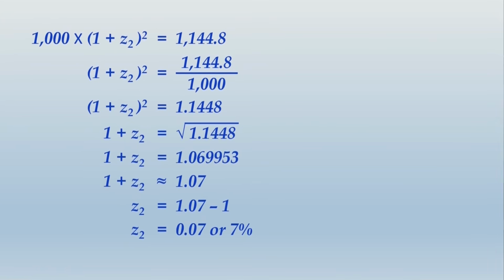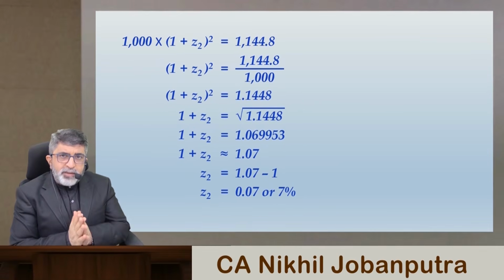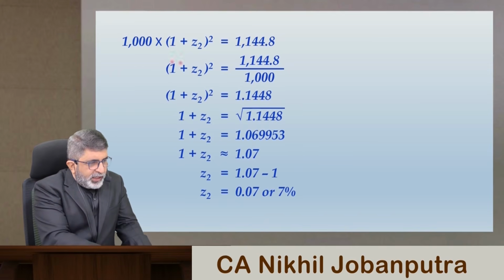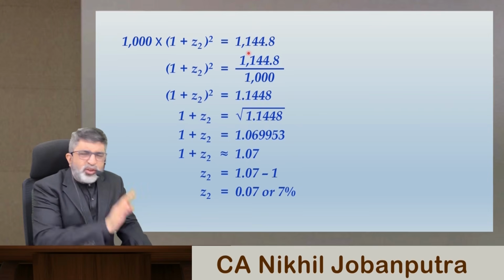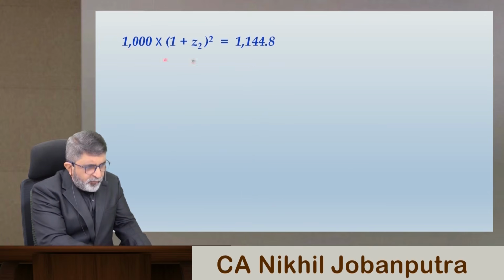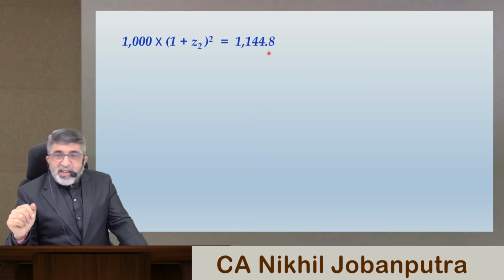Alright friends, so once you have completed this whole thing, now let me explain to you yet another very important matter. Now see, if you focus only on this equation, let me first remove this other part, just a moment. Yeah, focus only on this equation now. How did we get this 1144.8?